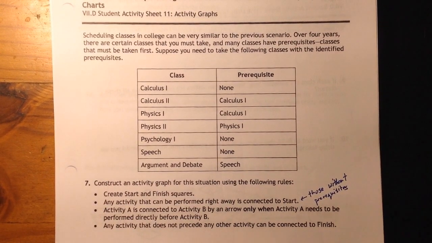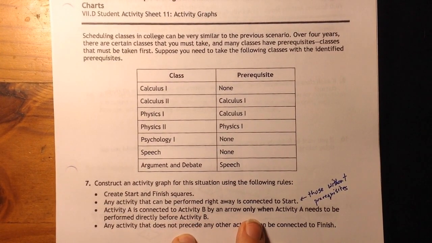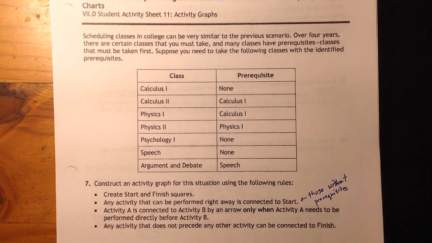And activity A is connected to activity B by an arrow only when activity A needs to be performed directly before activity B. Any activity that does not precede any other activity can be connected to finish. And so if it's not connected to something after it, then it goes to finish.